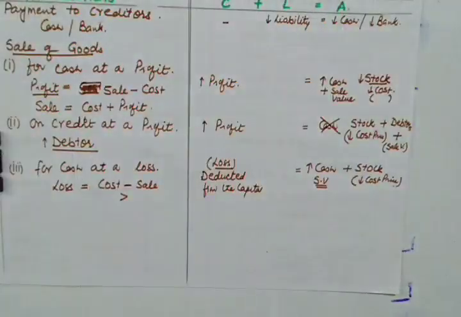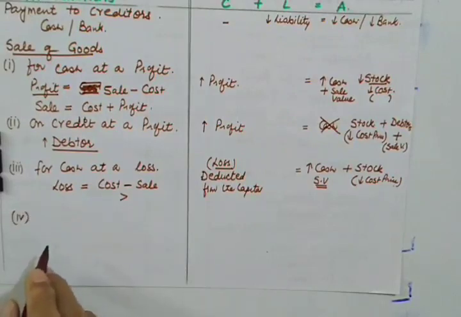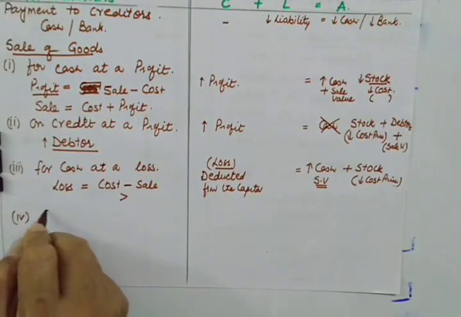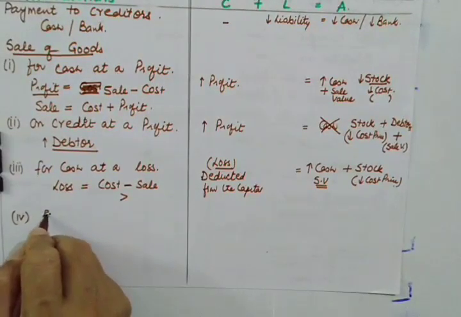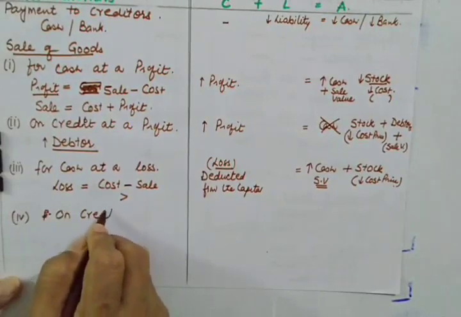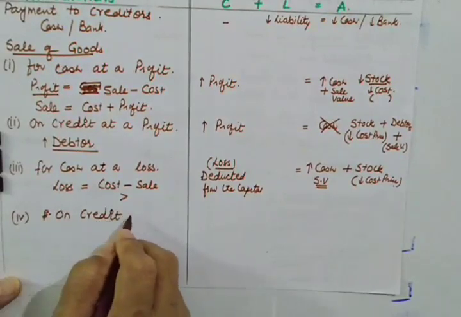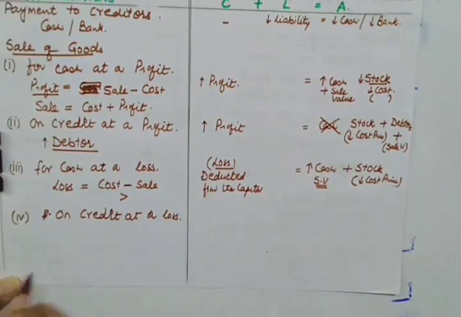Now let us do the last transaction today, then we'll move to the remaining contents in the next lecture. You are selling goods on credit at a loss. So what will happen?